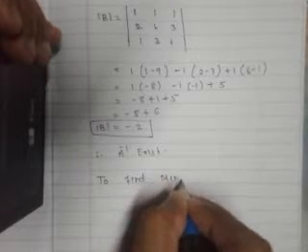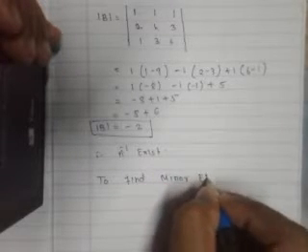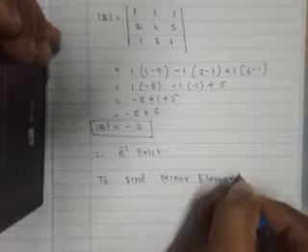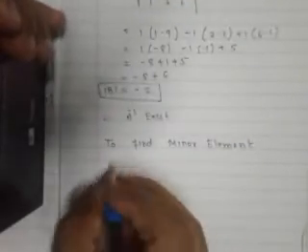Okay, so now we have to find the minor elements. That is M11, cancelling the first row and first column. So you will get 1 3 3 1, and this gives 1 minus 9, which is equal to minus 8.